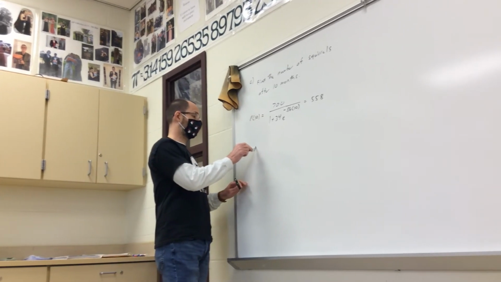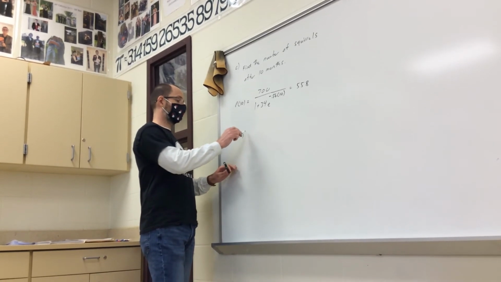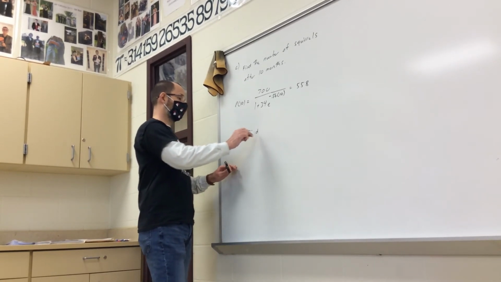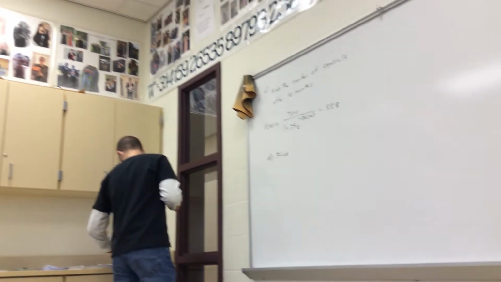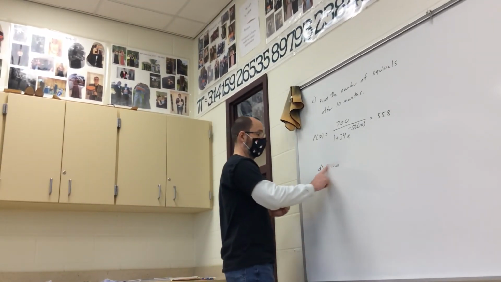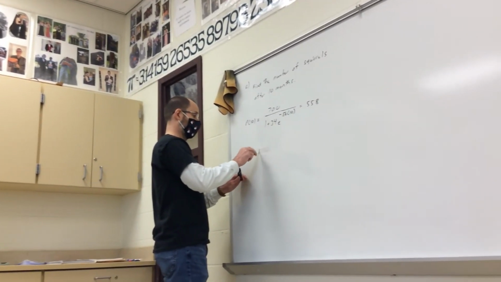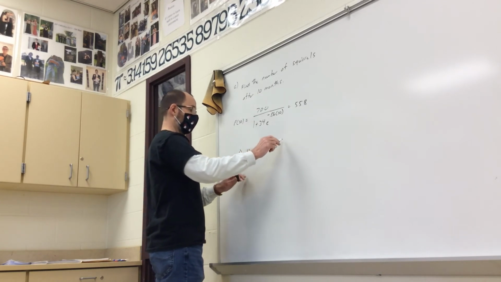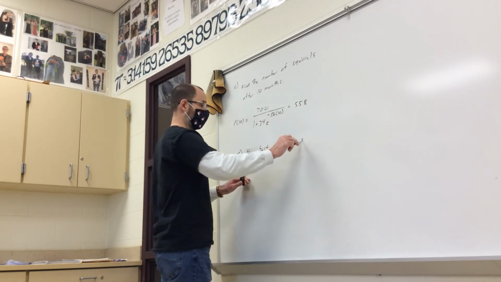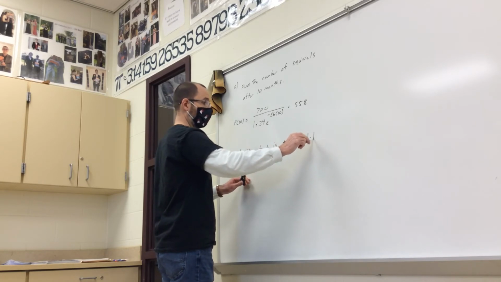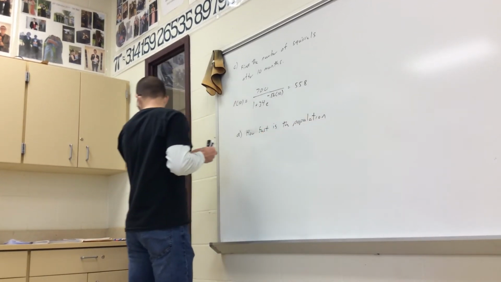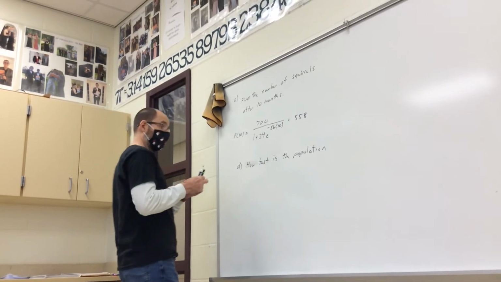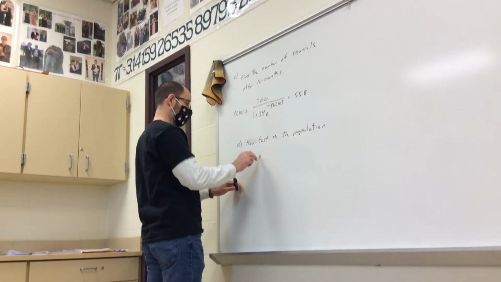Okay. Now D is how fast is the population growing when t equals 10.